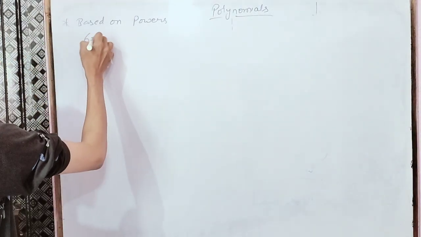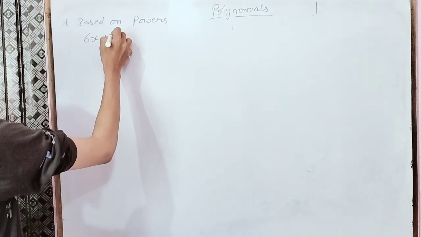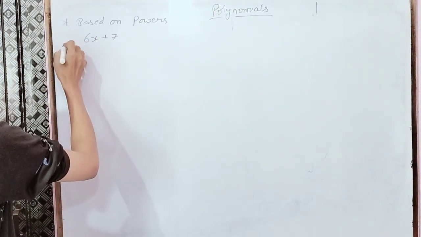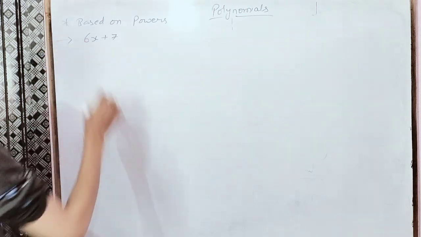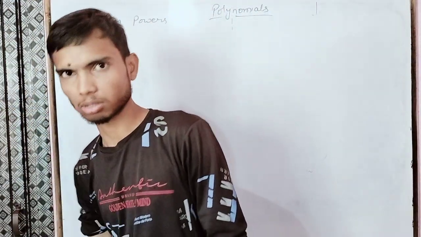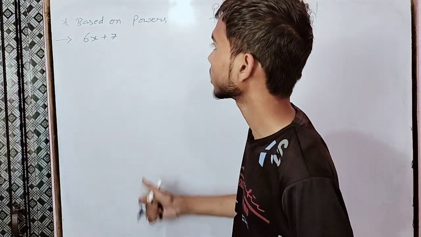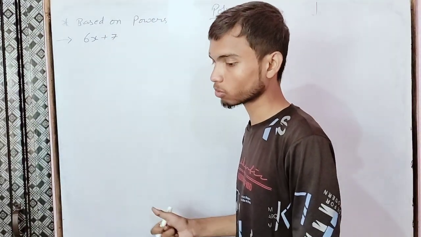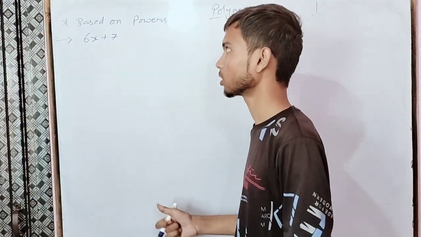Now here 6x plus 7. Here we don't need to care about terms. Here we are understanding types of polynomials based on powers.